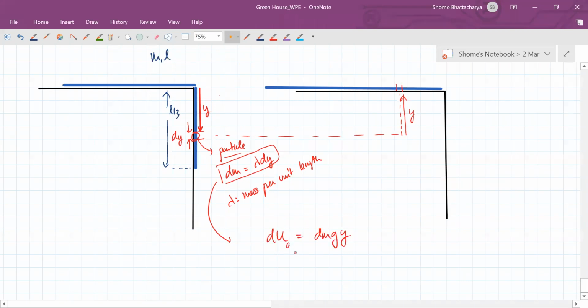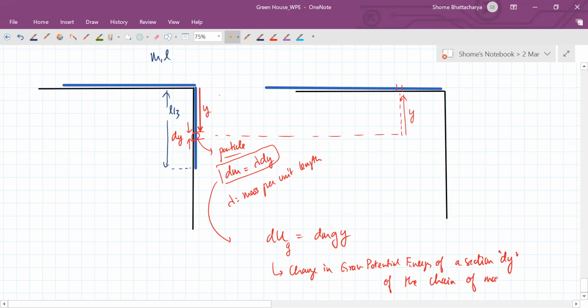This is the change in gravitational potential energy of a section dy of the chain of mass dm. Now you see this lambda is m by l.